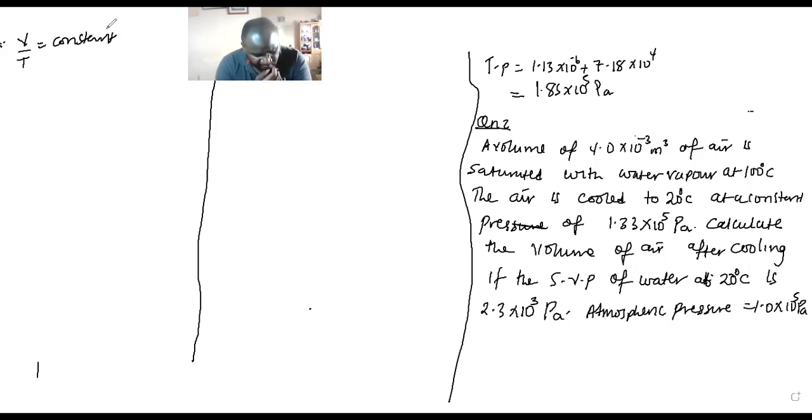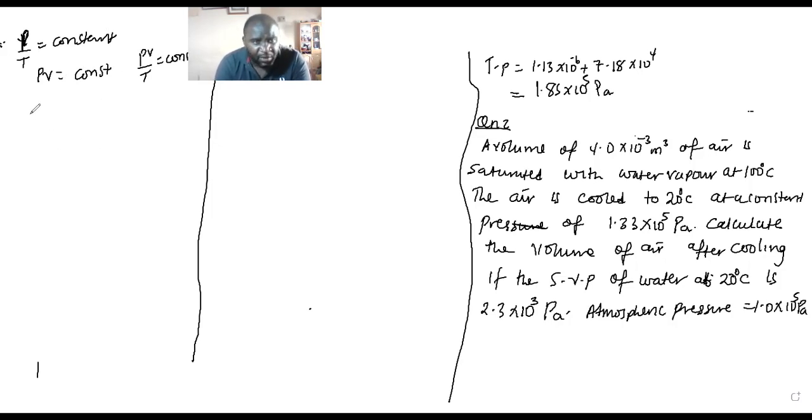Constant. So at one point we may need that equation, or P out of T. Then the other one was PV is equal to what? A constant. Then the third one was PV over T is also equal to a constant for gas laws.